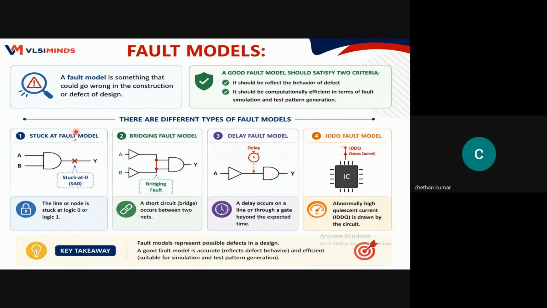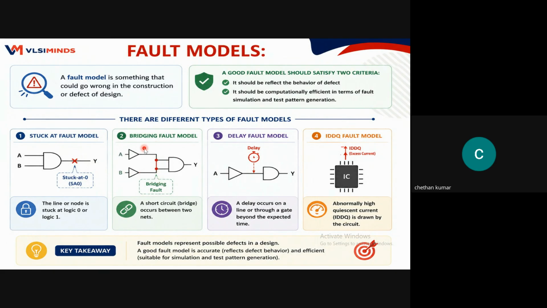That is called a stuck-at fault, at any node, either input or output nodes, anywhere in the design. We call it stuck at 0 or stuck at 1. Stuck at 0 means it is connected to 0, and stuck at 1 means it is connected to VDD.